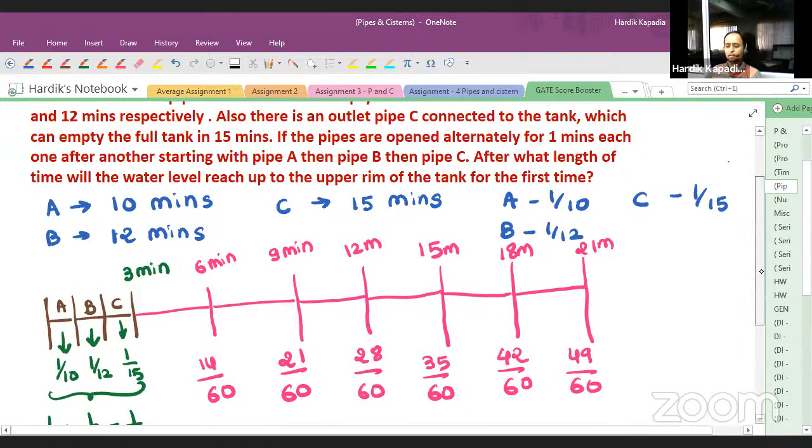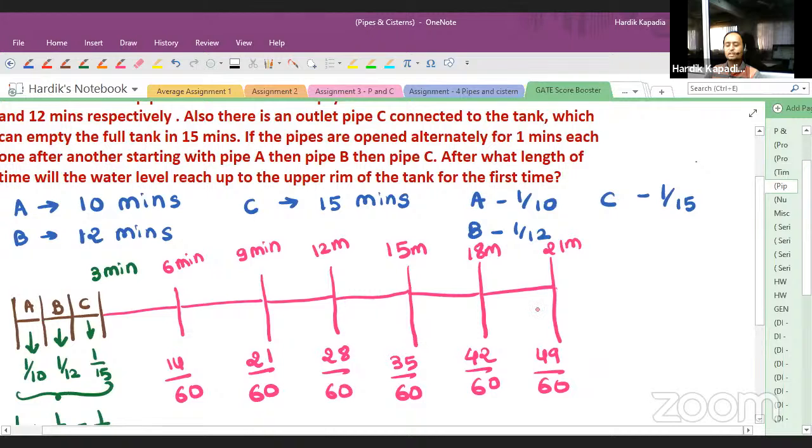So till here, everyone is right. Now what you have done is, from 21 to 24 you get another 7/60, somewhere around 56/60, and then you add up and get somewhere around 24 point something as an answer.